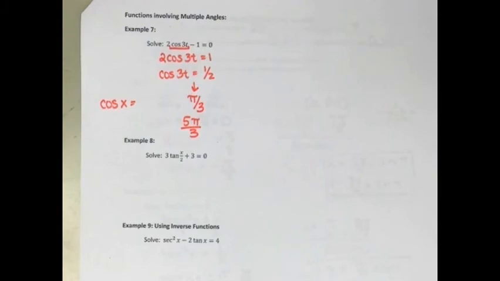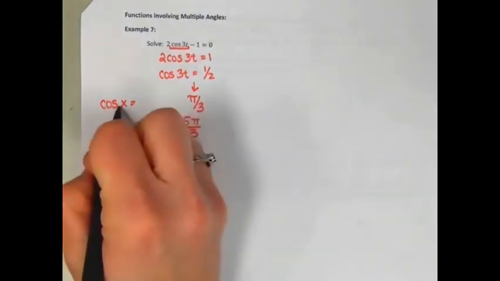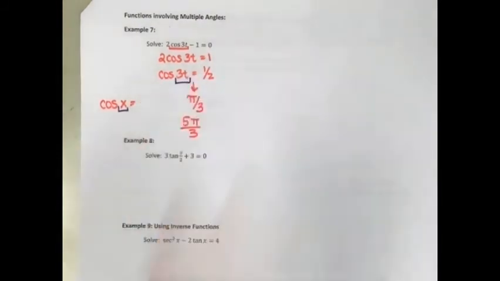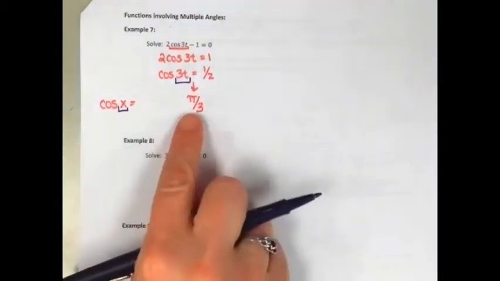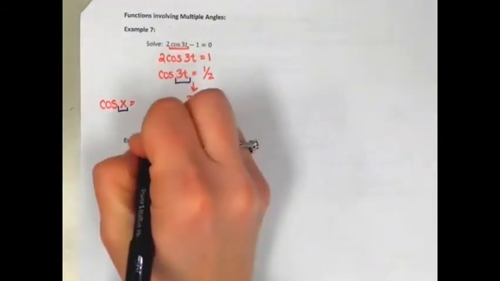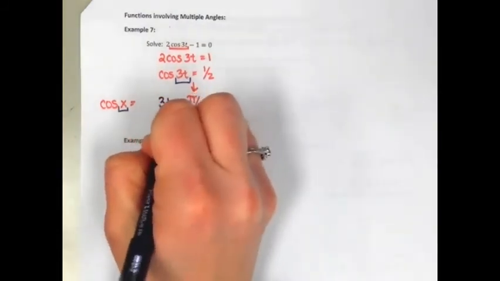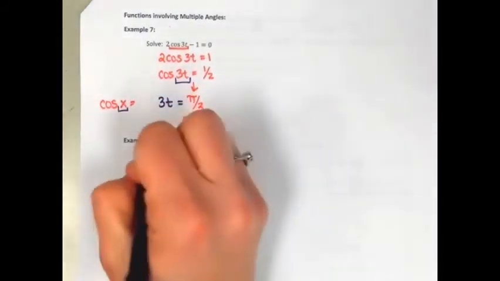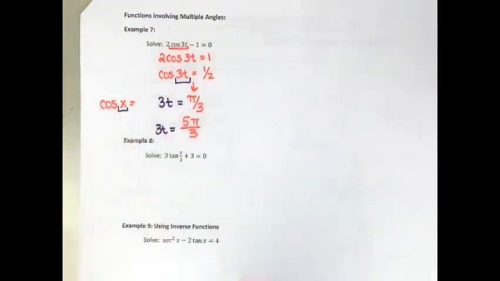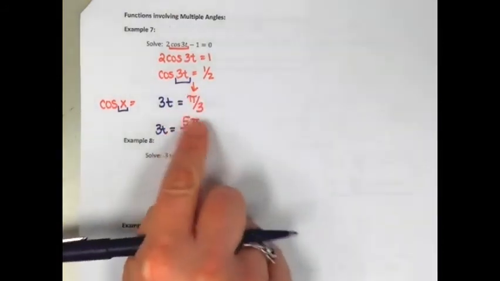But what do you notice? We don't have just x now. We have 3t. So instead of saying x equals pi over 3, we say 3t equals pi over 3, and 3t equals 5 pi over 3. Normally we'd say x equals this, x equals that, but it's not x, it's 3t. Can you solve for t? How would I solve for t?